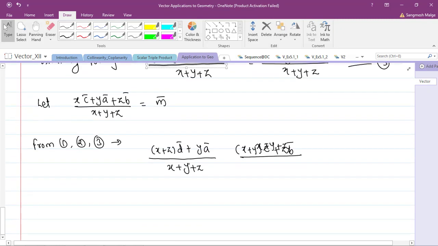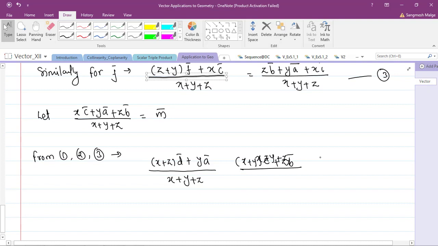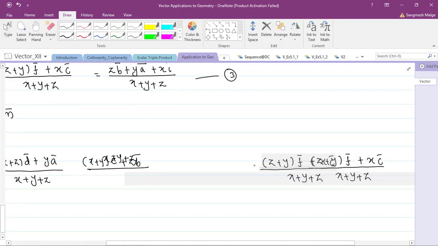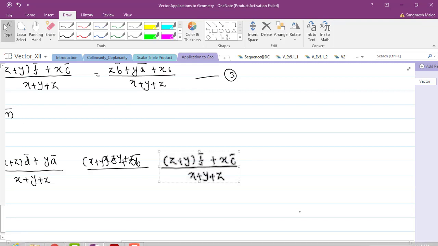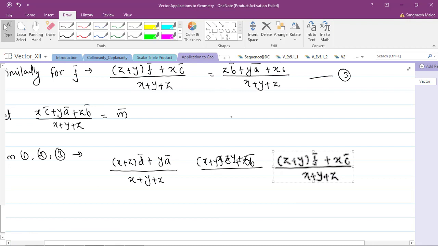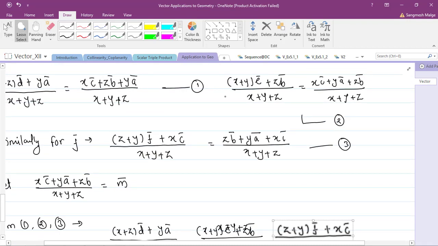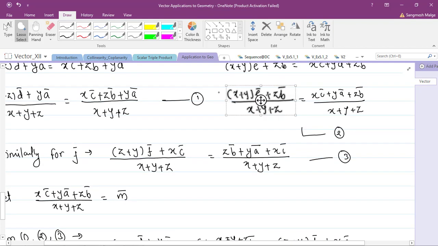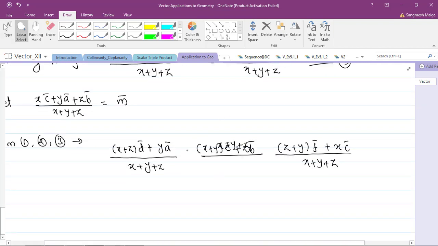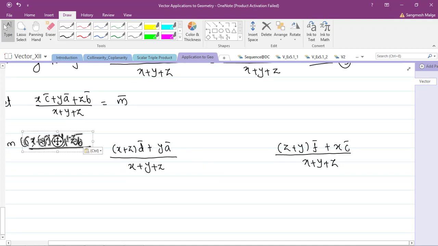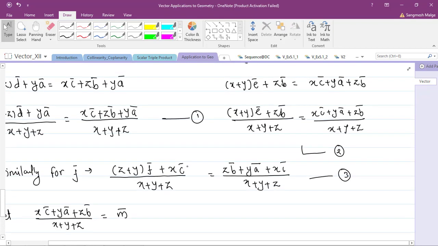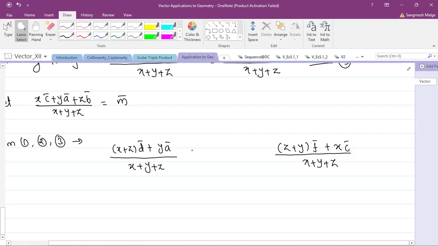Okay, so I will not write that again. Let me write that part here, which is nothing but x plus y e plus z b bar upon x plus y plus z.